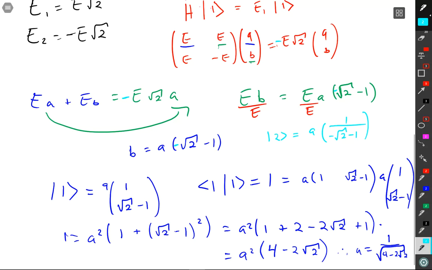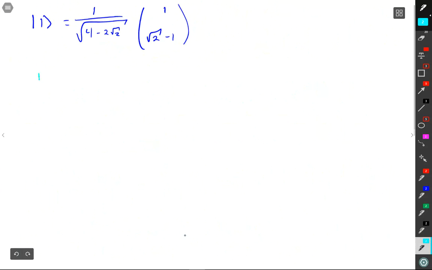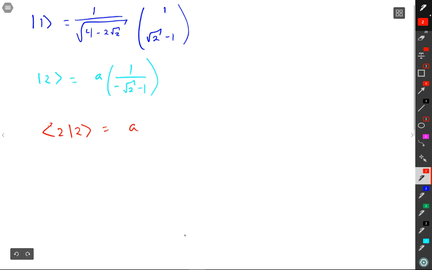And then I have to go through my normalization process again. Now notice minus root 2 minus 1 does not have the same magnitude as root 2 minus 1. So I don't expect to get the same answer. I don't know why I put a divisor there. There's no divisor.